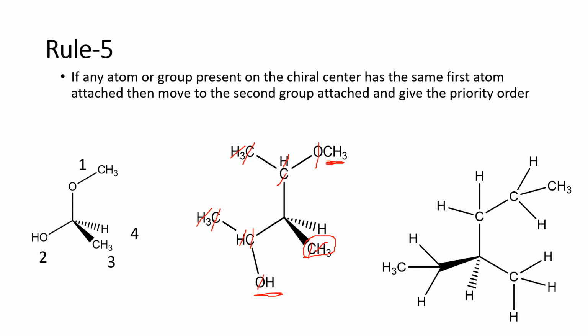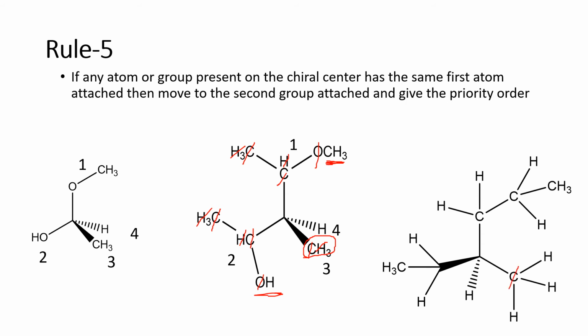That means the carbon has the highest atomic number. Therefore we give the priority to this atom or this group as the highest priority, because we cancelled all the groups which are alike in these two molecules. So these two groups remain: here it is carbon, here it is hydrogen. These two differ. So now we assign the priority order, that is 1, this is 2, this is 3 and 4.